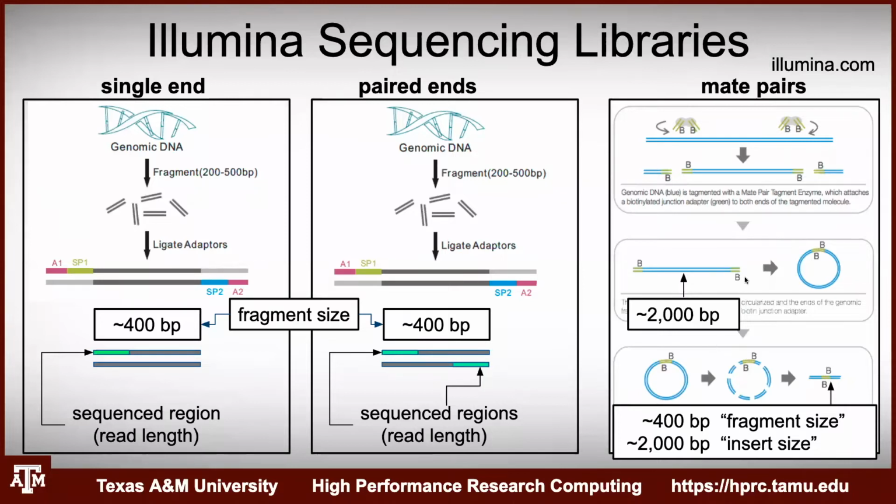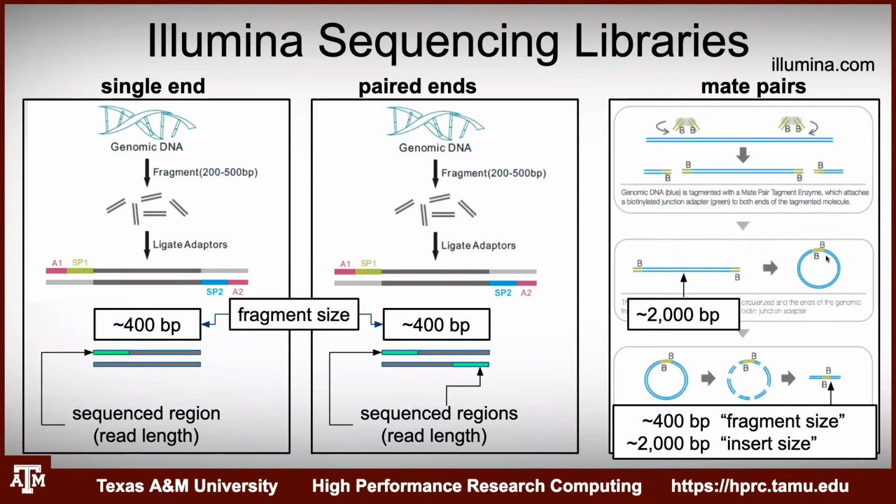Okay. So for these libraries, what you do is you take longer DNA fragments. This example is 2,000 base pairs, but you can do 2,000, 5,000, 10,000, 15,000 base pair fragments. And it tagments the ends of these fragments here. It circularizes them, right?